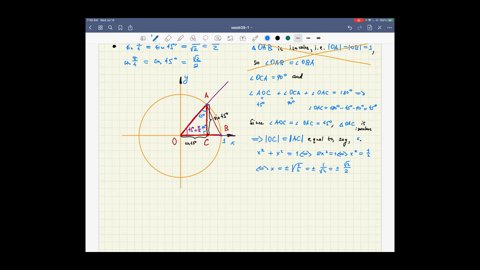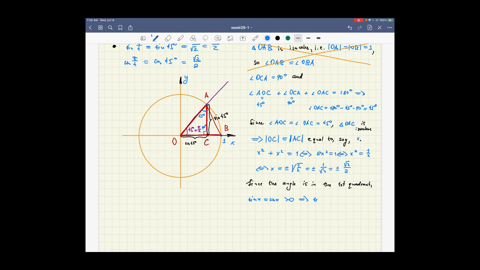Clearly, x is positive. The angle is in the first quadrant, so sine x, which is the same as cosine x, must be positive.